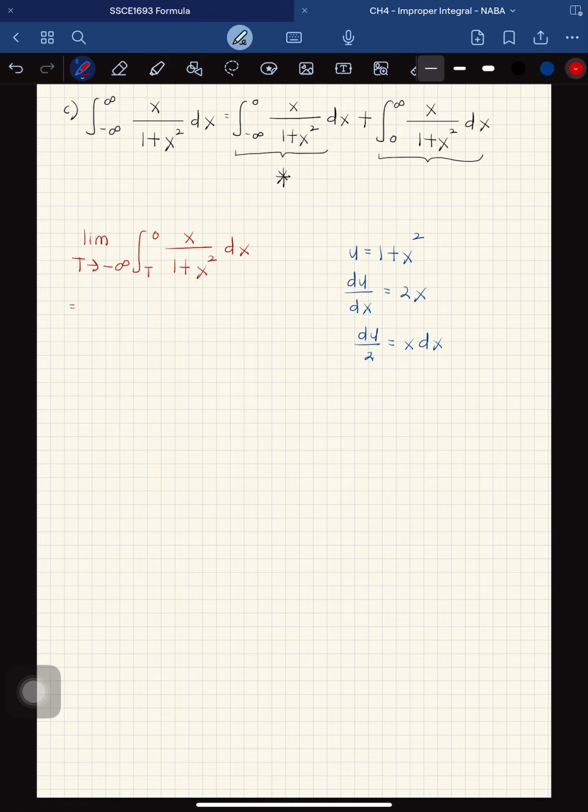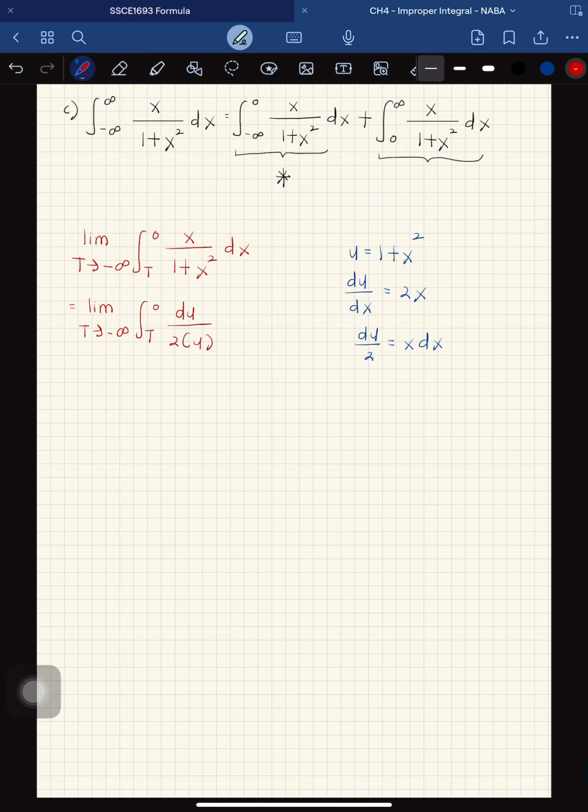Then substitute the limits, with t approaching negative infinity, from t to 0.